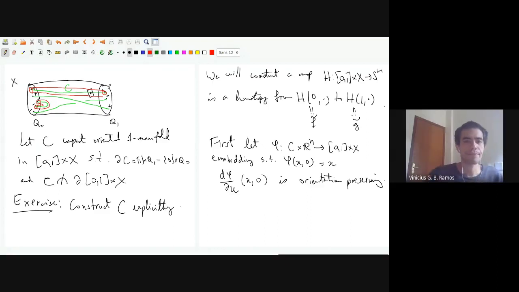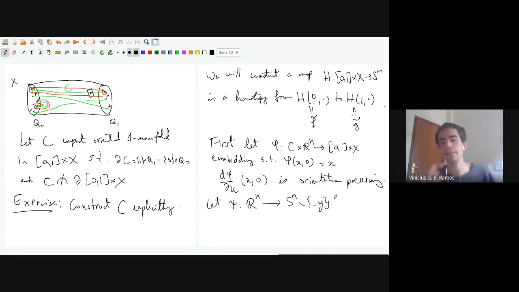Okay? So now what you do is, we can choose a diffeomorphism that goes from Rn to Sn just missing one point, and I'm going to choose to miss the antipode of y, so minus y.